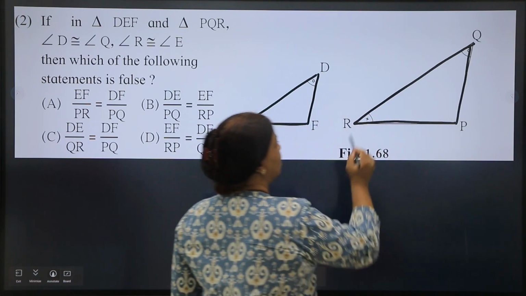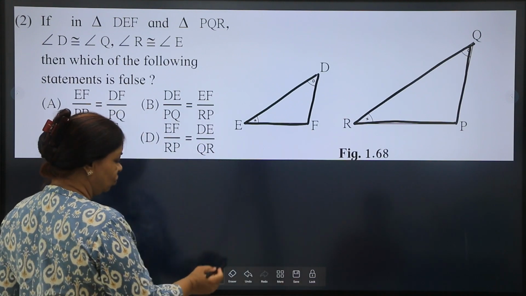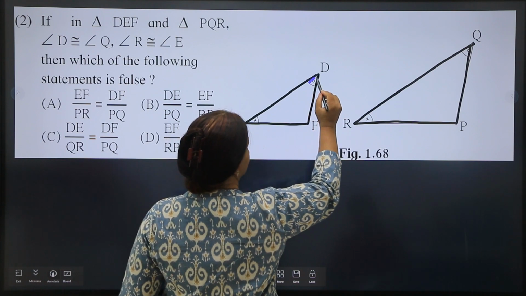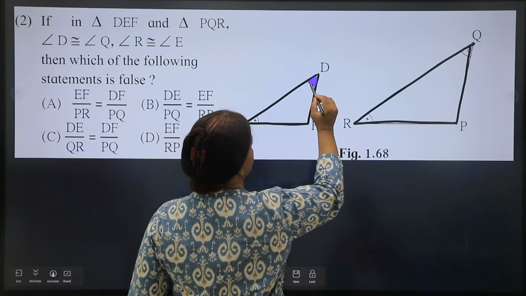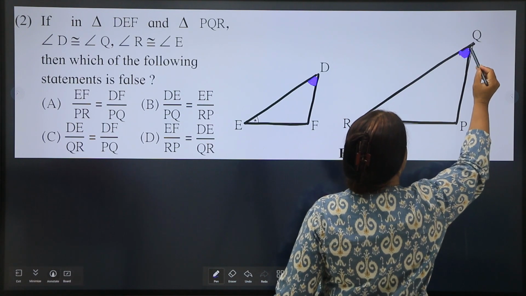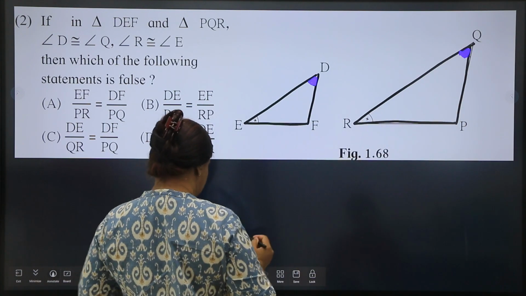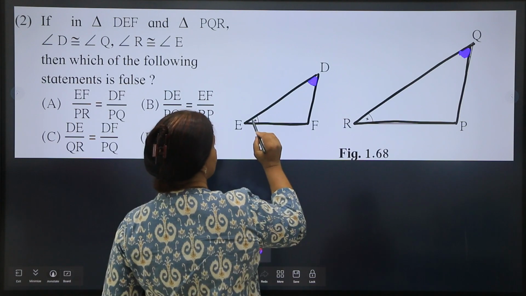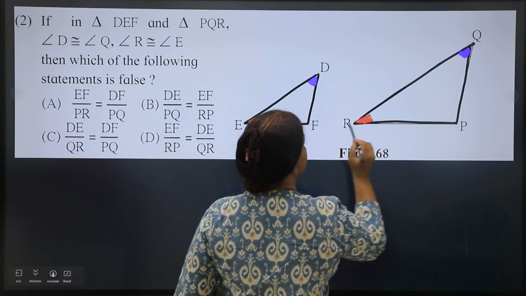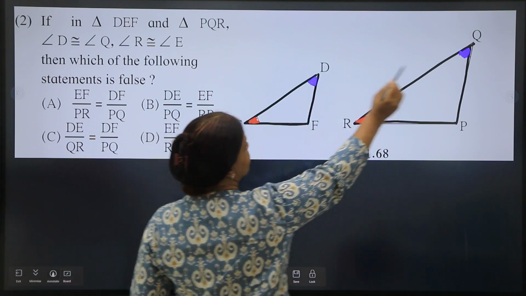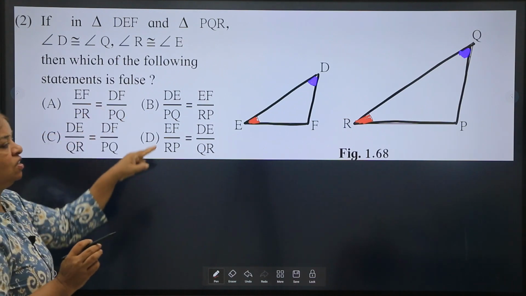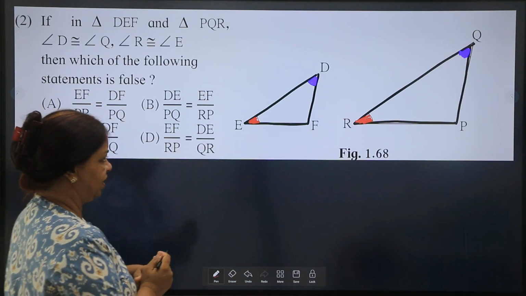From the figure you come to know this angle is equal to this angle, and this angle is equal to this angle, meaning R is equal to E and D is equal to Q. So we have to find out which statement is false.